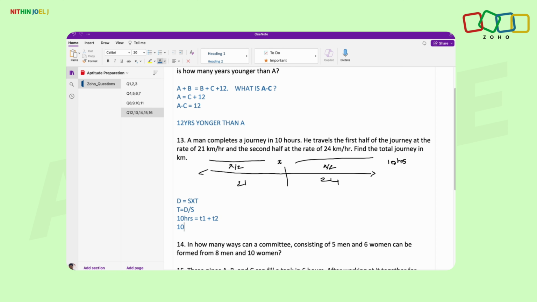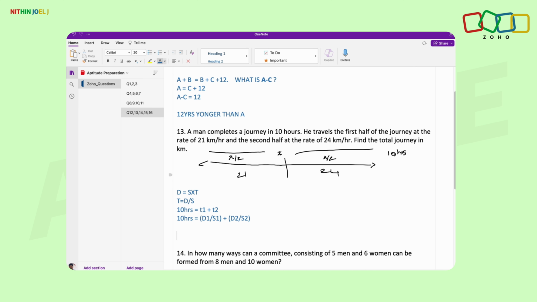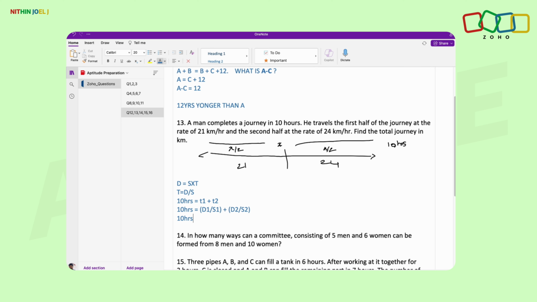Now this 10 hours is equal to t1, let's write it as d1 by s1 plus d2 by s2. So now 10 hours is equal to, in terms of distance 1, we have x by 2 by s1, which we have as 21 km per hour, so 21.